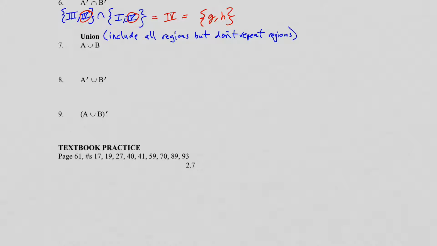Okay, so the union of A and B, and that's that U symbol, is basically all the elements that are members of set A or set B. So if it's either or, that means we're talking about both sets.